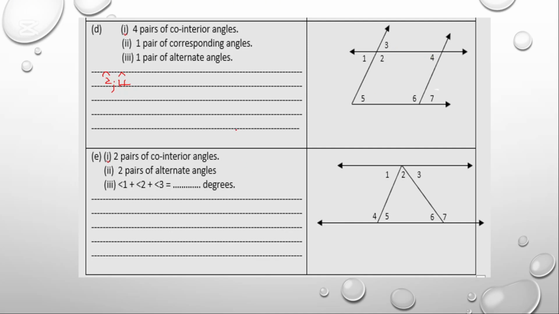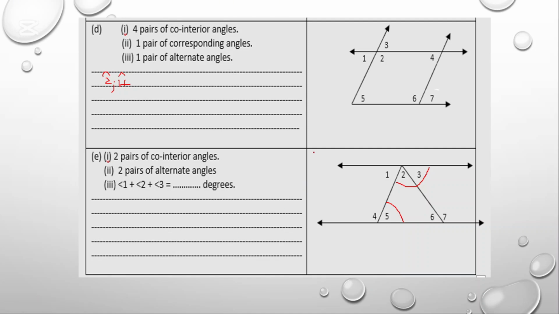2 pairs of co-interior angles. There's 2 lines, this one and that one there. So I said from the transversal to the line, from the transversal to the line. So 1 pair will be 5 and 2 and 3.